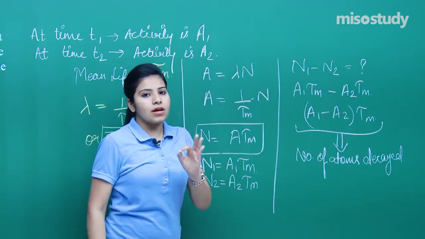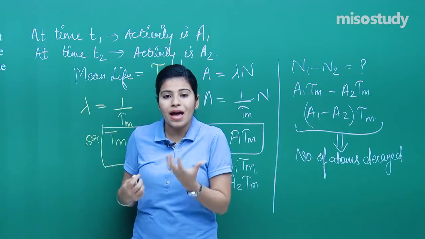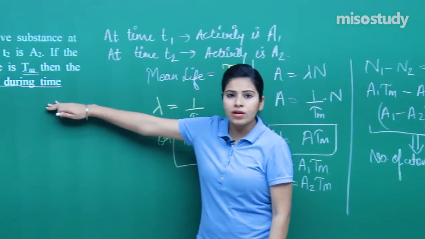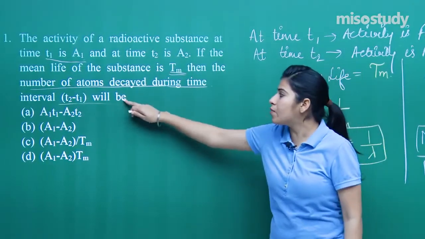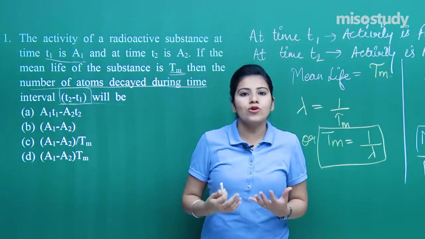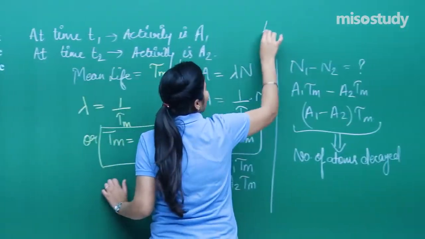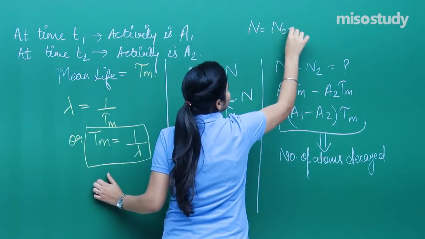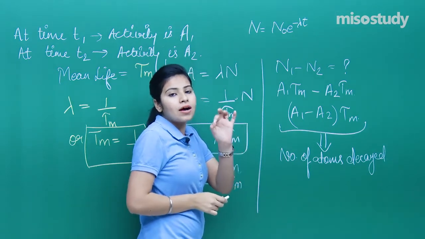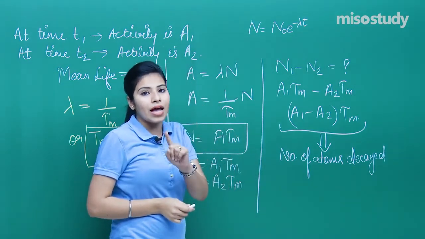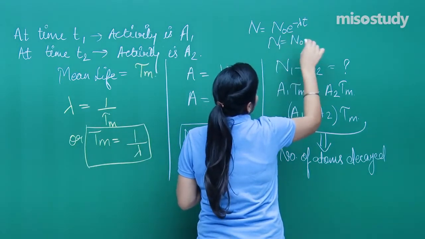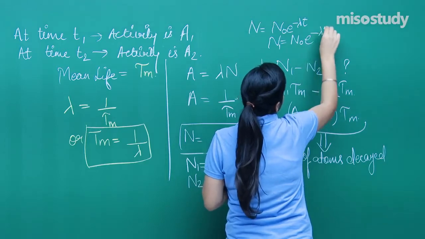Right? Now I'm imagining your question would be: ma'am, we have been given in the question the number of atoms decayed during the time interval T2 minus T1. So let me tell you, my dear friends, we have one formula, that is n equals n naught e raised to the power minus lambda t. To find the number of atoms at time T1, you will have n1 equals n naught e raised to the power minus lambda T1.